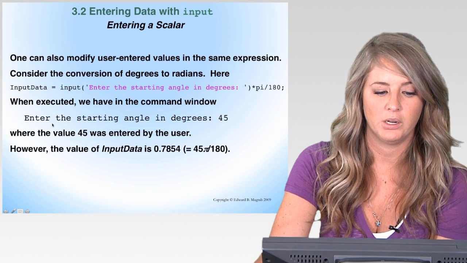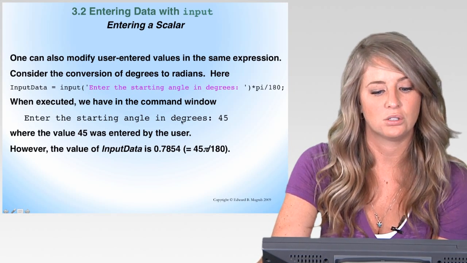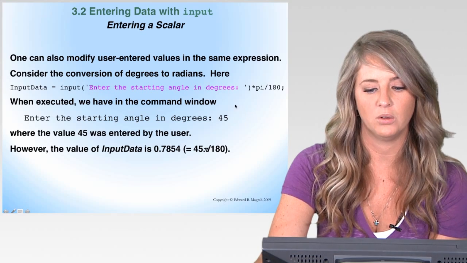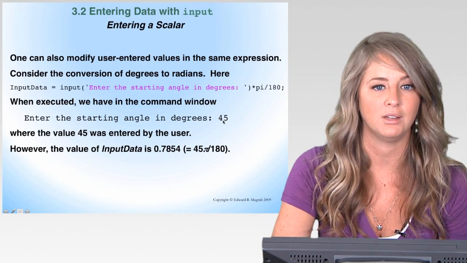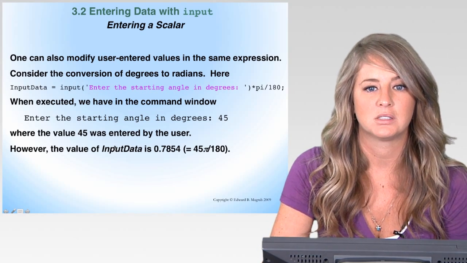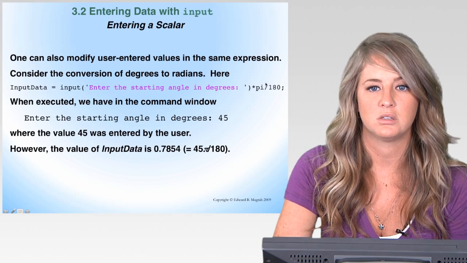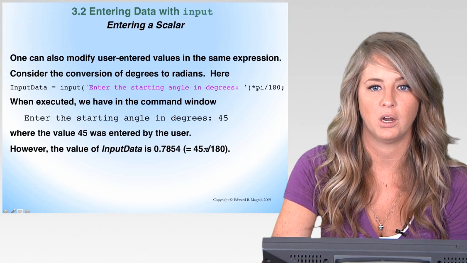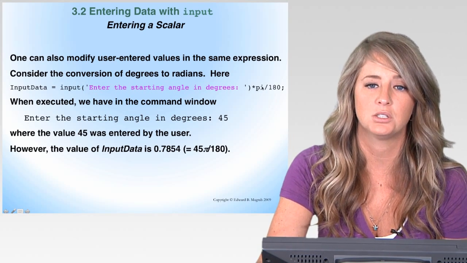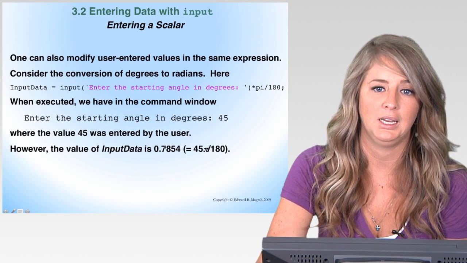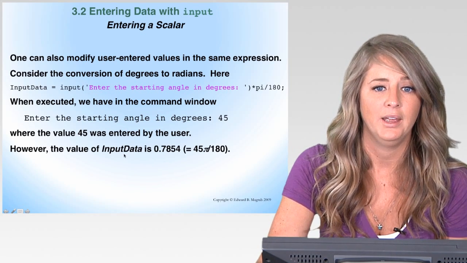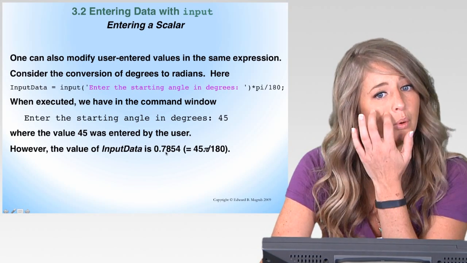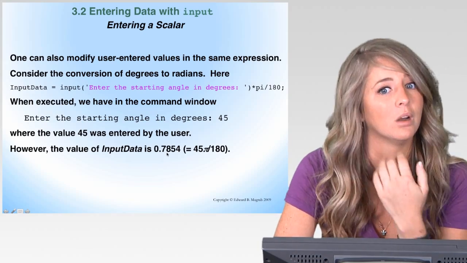Then what it displays to the user is enter the starting angle in degrees. The user could then enter, say, 45 degrees, and it automatically converts that to radians for us by multiplying whatever's entered by pi over 180. So that will display inputdata is equal to 0.7854 radians.